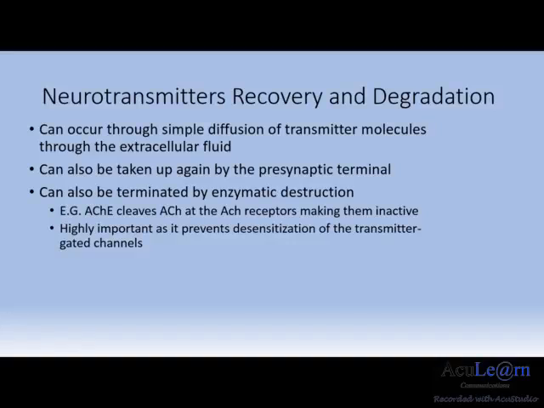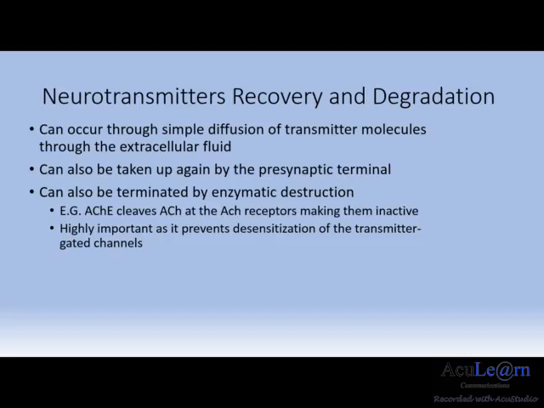After interaction with the postsynaptic receptors, neurotransmitters are cleared from the synaptic cleft to be made ready for another round of synaptic transmission through a few different ways. One of the ways this occurs is through diffusion of the neurotransmitters through the extracellular fluid away from the synapse itself.